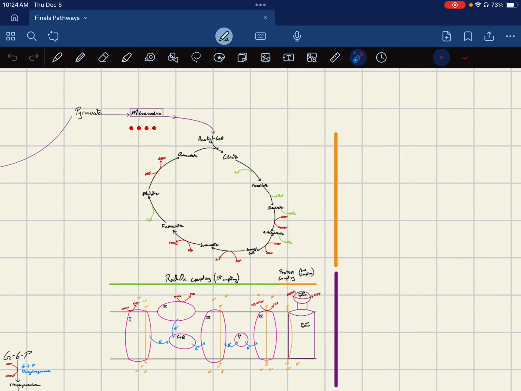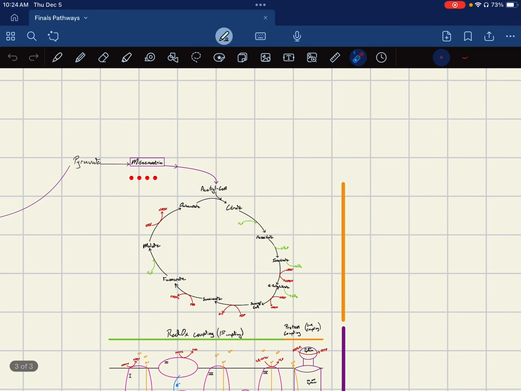So next, talking about the TCA cycle real quick. The TCA cycle starts after we have that pyruvate from glycolysis, goes through the mitochondria, and goes into acetyl-CoA.